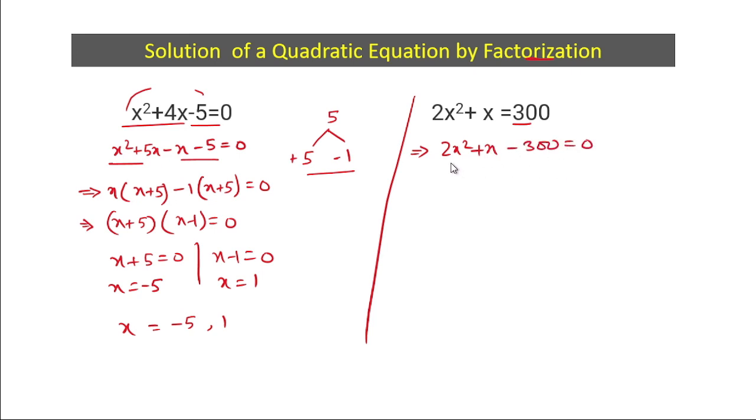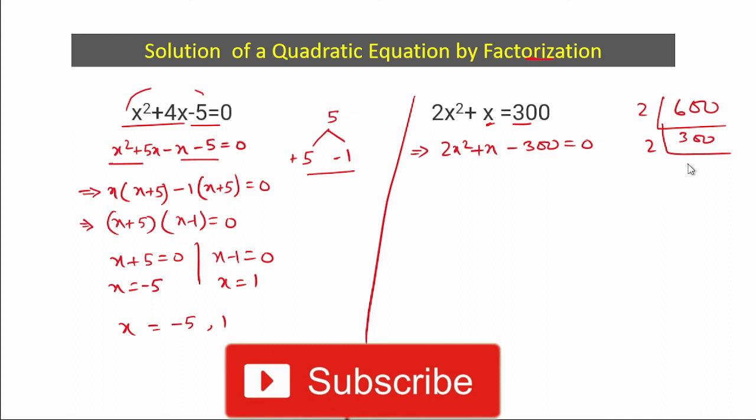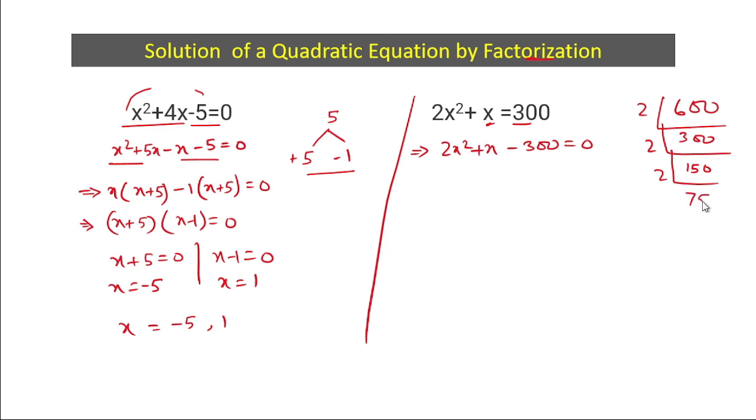After that, our second step is to multiply the coefficient of x square and the number. This will become 2 and 300, that is 600. Now we'll factor 600 in such a way that we can get the coefficient of x means 1. We'll factor it: 2 300 again by 2, this is 150 again by 2, 75 by 3, 25 3 is 75, 5 and 5.